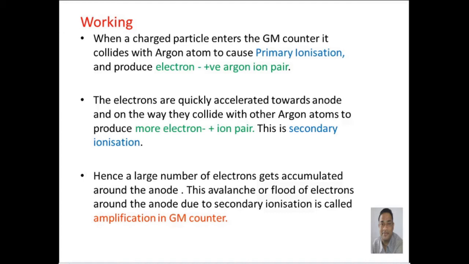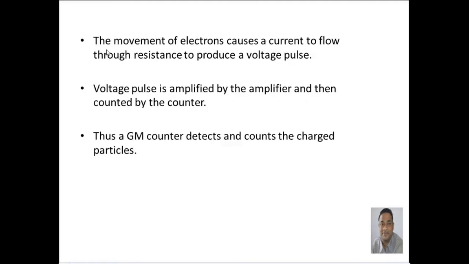This avalanche, meaning flood, of electrons around the anode due to secondary ionization is called the amplification in the GM counter. Now the movement of electrons constitutes current.